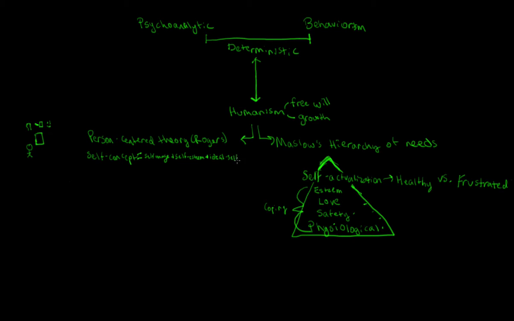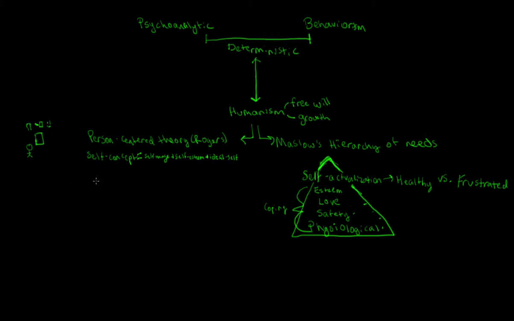Now, Carl Rogers said that our self concept is very subjective and it doesn't always align with reality. And in fact, it almost never aligns with reality. But what's important is the degree in which our self concept overlaps or does not overlap with reality.